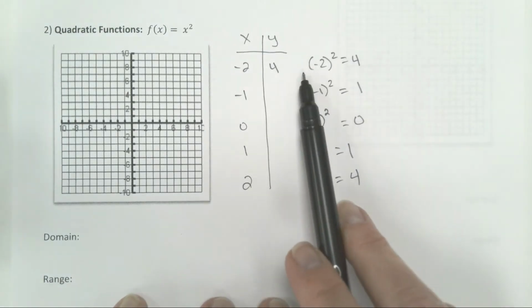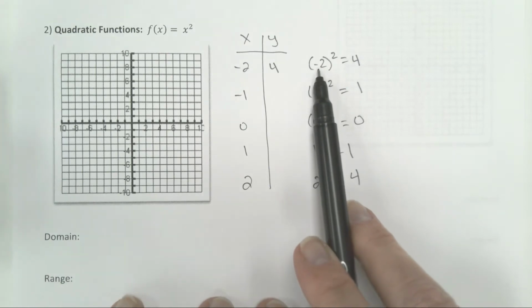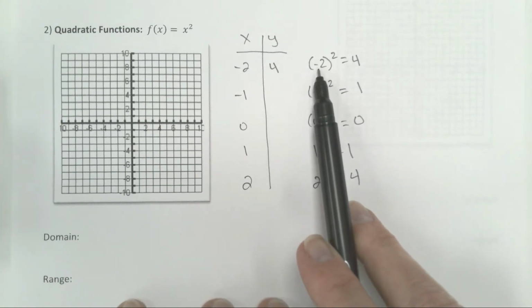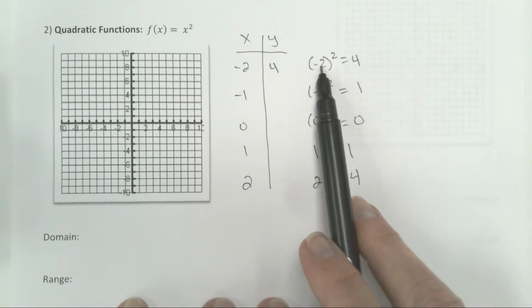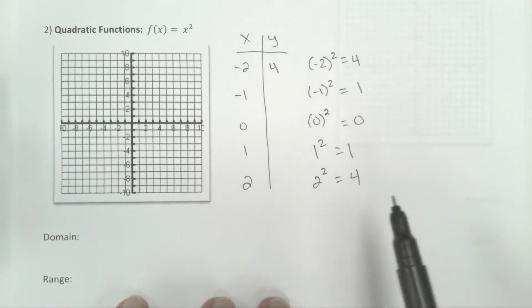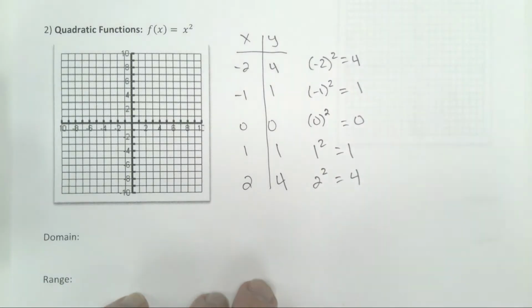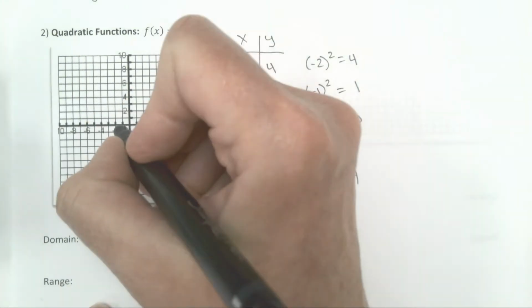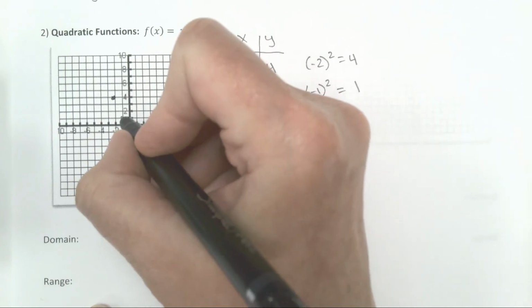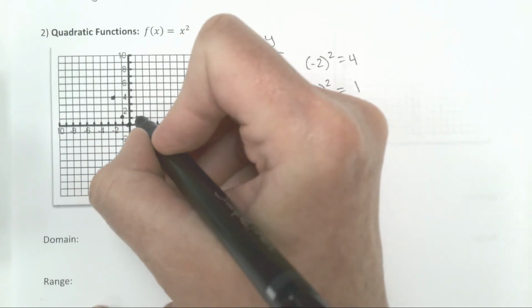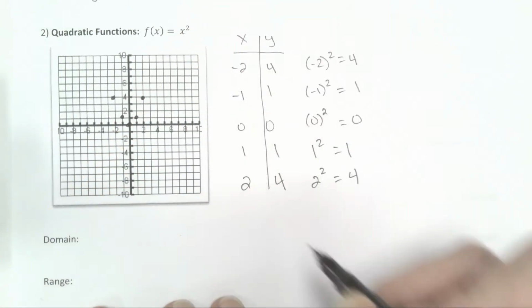So you need to know that a negative times negative is a positive. If you don't, and if you put it in your calculator, you have to use parentheses so that you get the correct answer. Plot these points. -2, 4, -1, 1, 0, 0, 1, 1, and 2, 4.